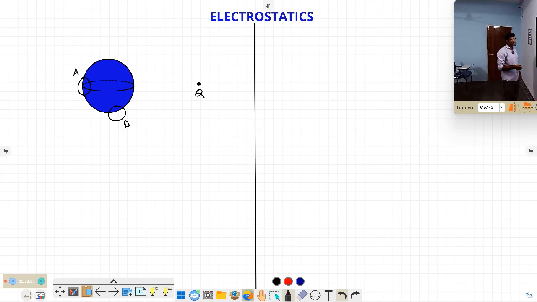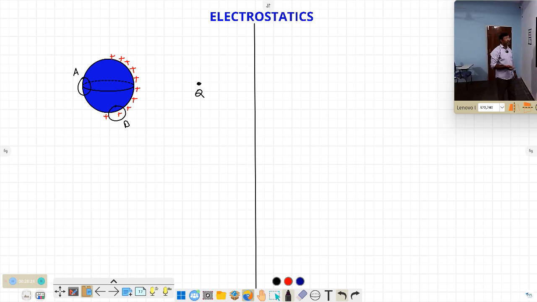To understand this, first the concept is, whenever you take a spherical body and the charge is taken near to this, this is a conductor. That's why the charges will be induced on the surface of this body, looking like this. Now you know the concept of induction.